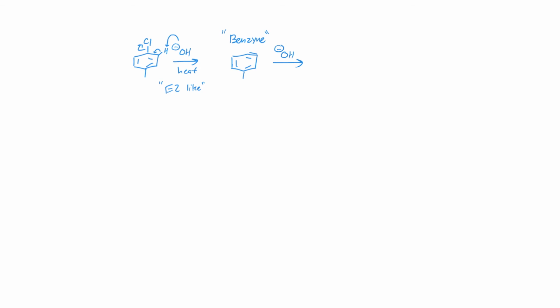We would expect it to react immediately with another ion of hydroxide, and it could attack this way, or it could attack via the green pathway on the other side of the triple bond.